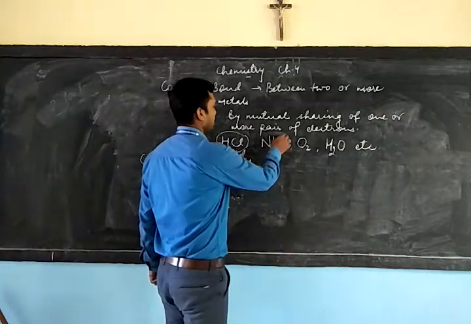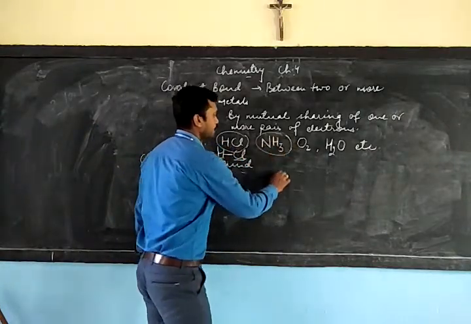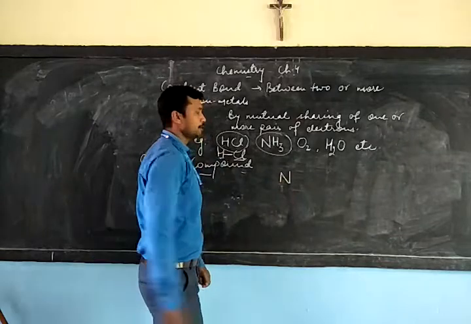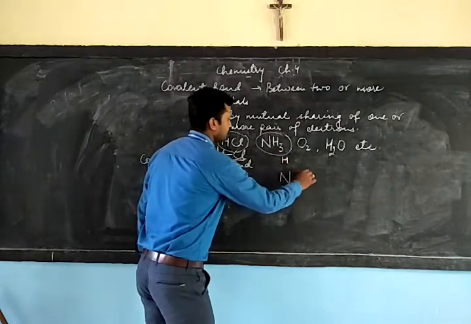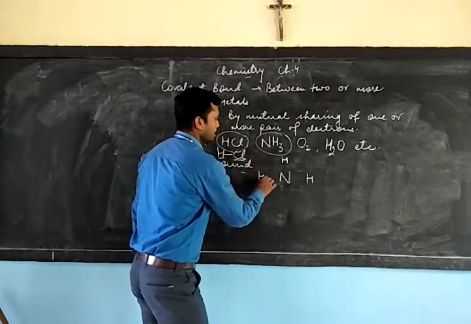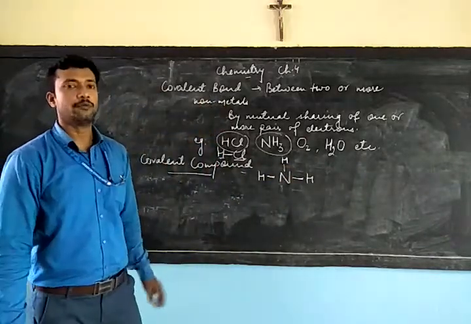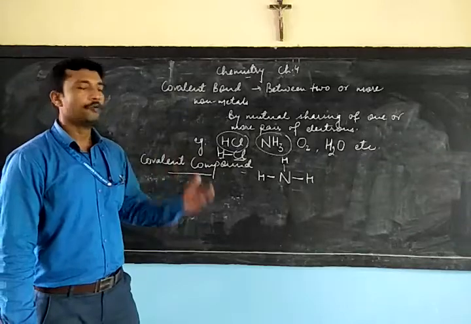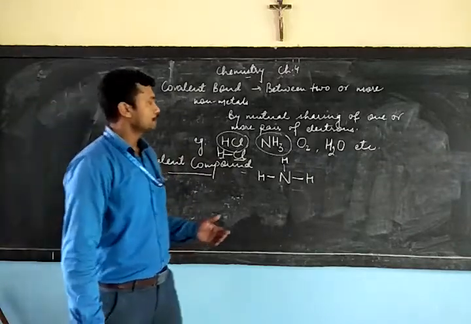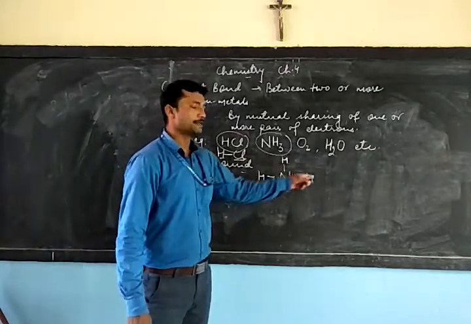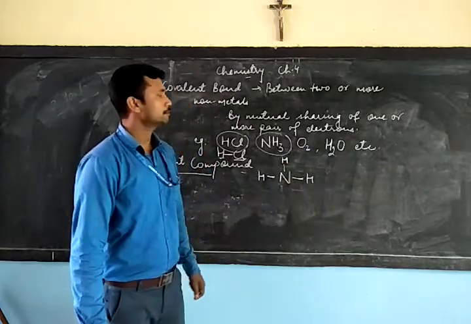We have another example, NH3. Here nitrogen is one non-metal surrounded by three hydrogen atoms. And you can see the bond between nitrogen and hydrogen once again is a covalent bond, because here also all these atoms are non-metals only.